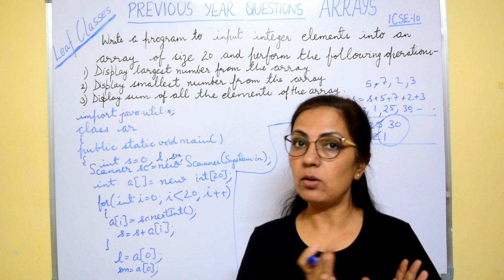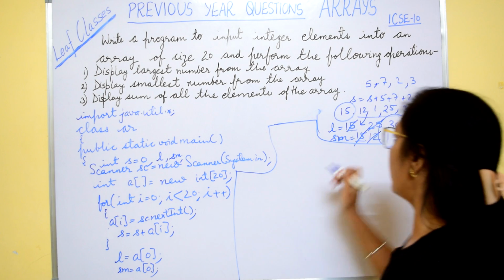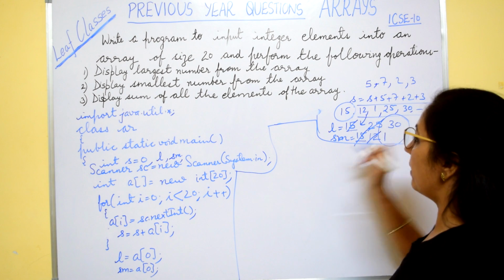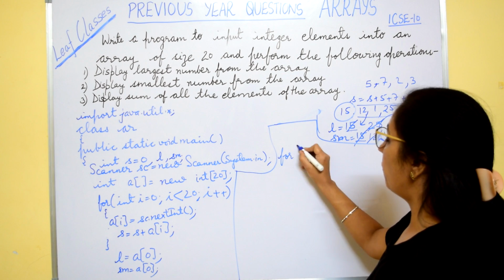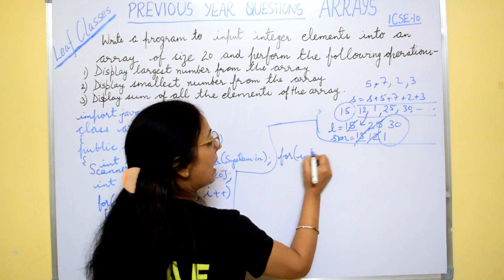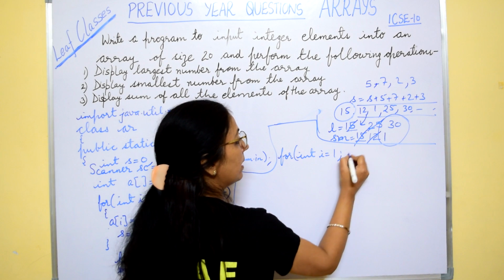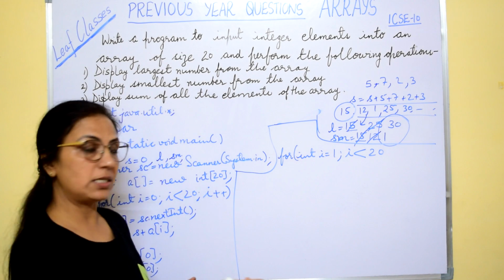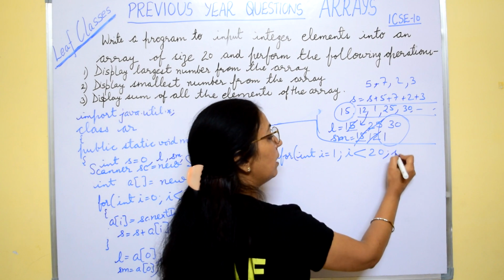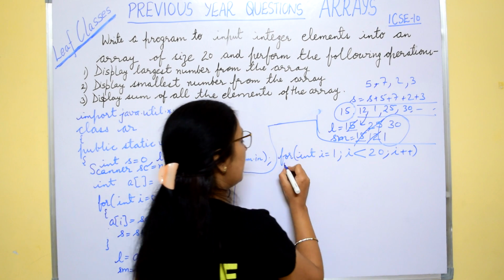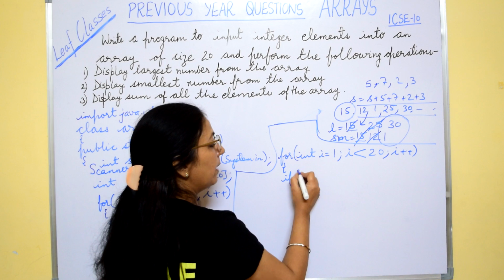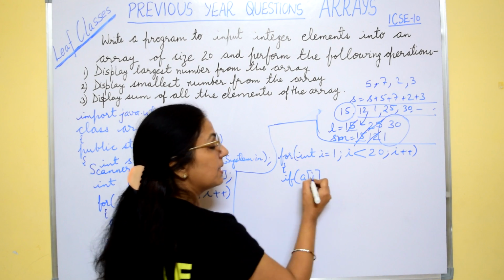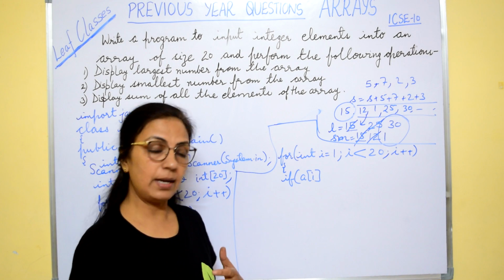0th subscript value already we have kept, and then the comparison will be from first. So you will take the loop for int I is equals to 1, I less than 20 from first till last number, right? Now here you will take I plus plus, and every time you will compare if A of I, that means A of 1, A of 2, A of 3, like that.